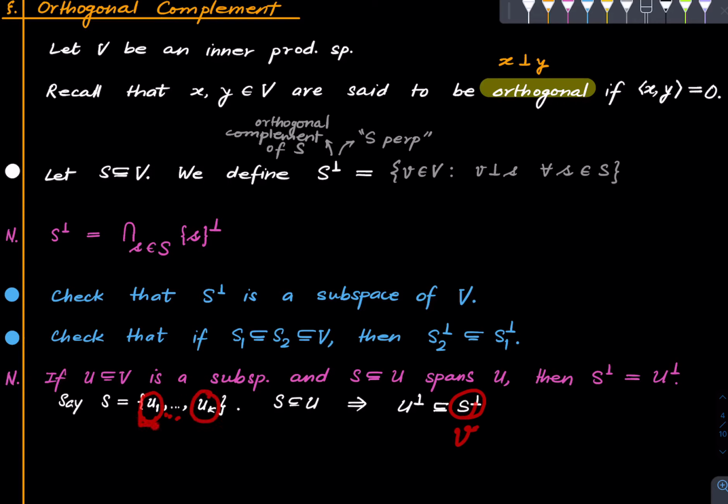Which means V is also orthogonal to every linear combination of these. And hence V is orthogonal to everything in U, and hence V is in U perp. So this containment also holds. I'm not writing that, but I hope it is clear. Alright, let's move on.